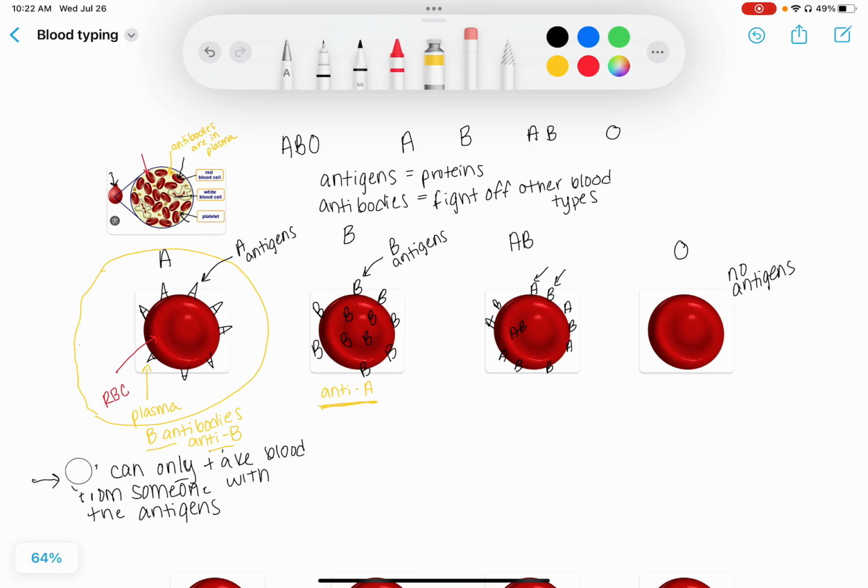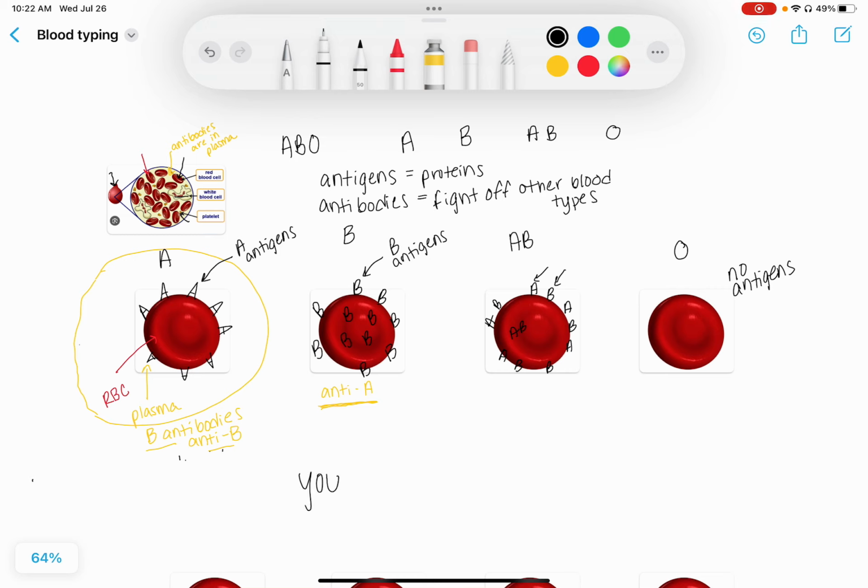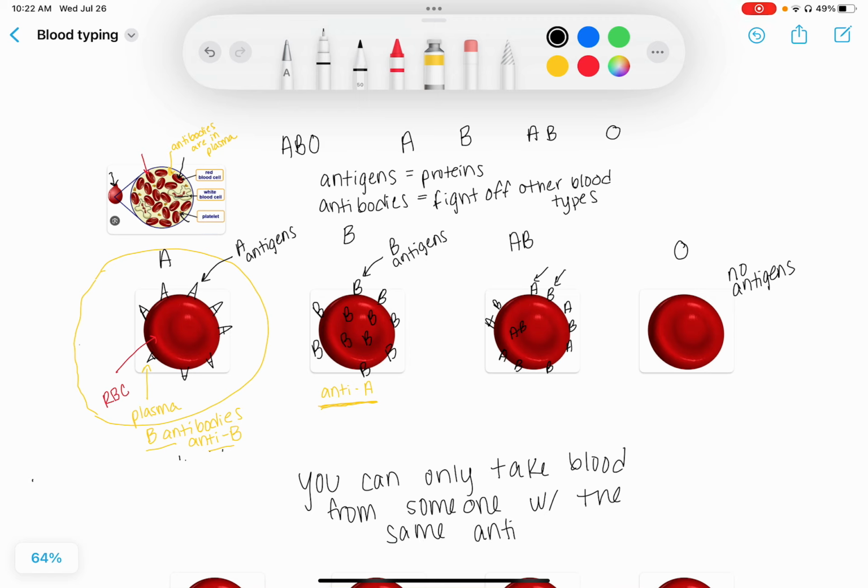Let's just rewrite that. So someone that is AB blood type can take A blood or B blood because they have A and B antigens.